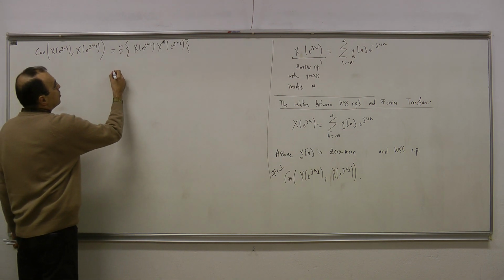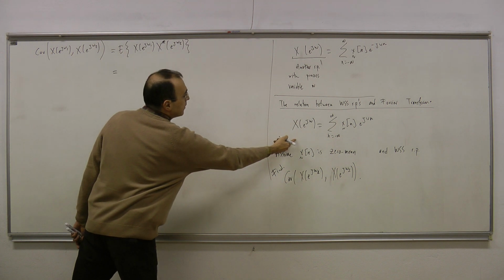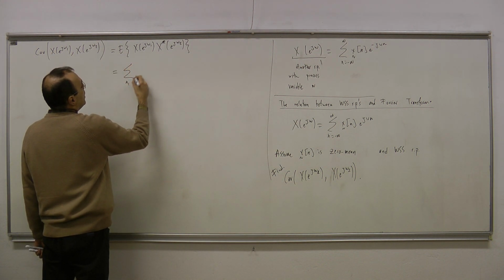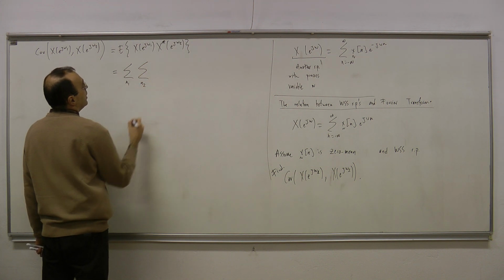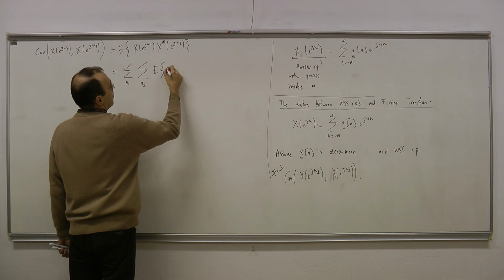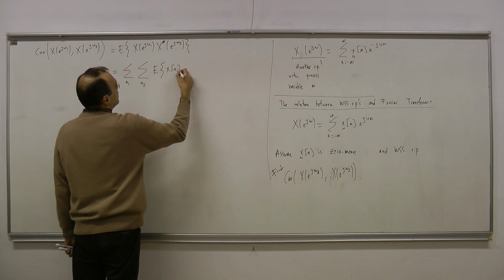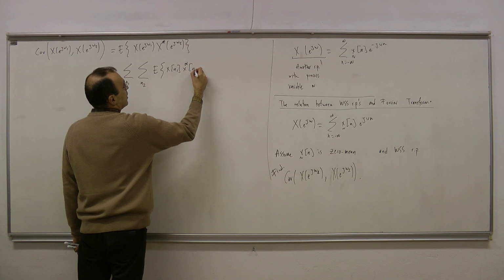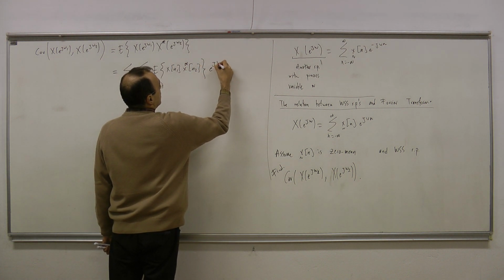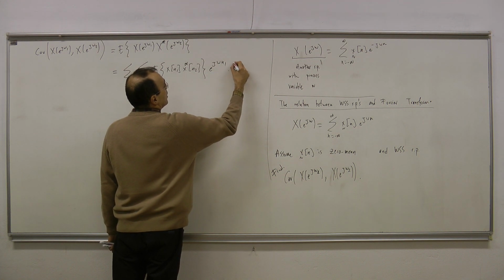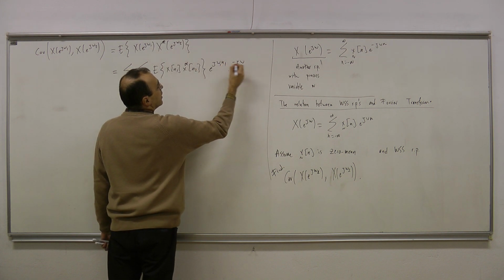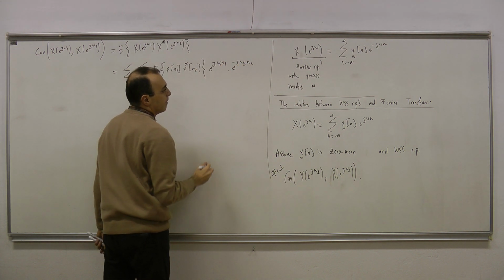Okay, so then I will include this definition, but I will move two summations. I have an n1 summation, I have an n2 summation. So let's move this expectation in. Expected value of X of n1 times X conjugate of n2, times e to the minus j omega 1 n1, and the conjugate e to the j omega 2 n2.